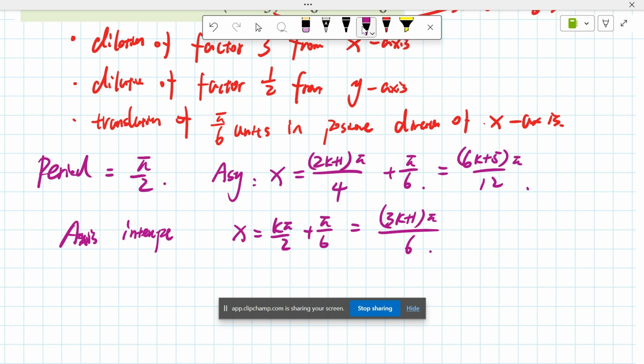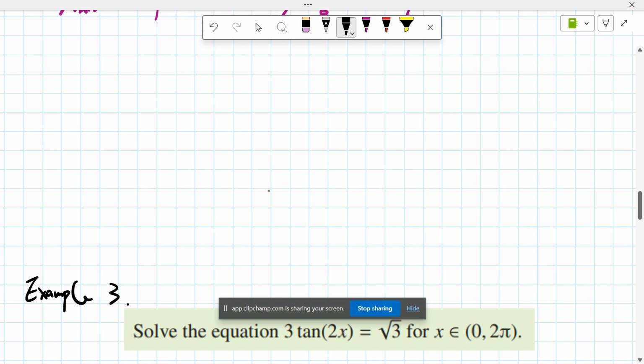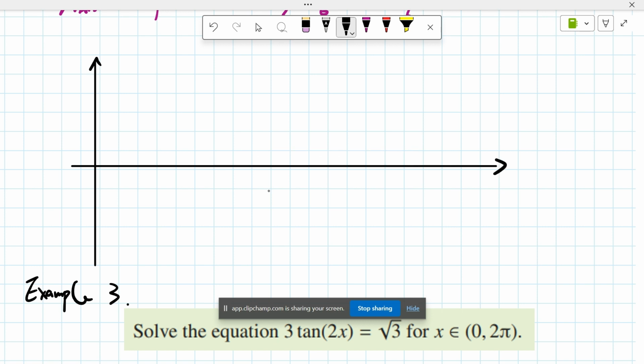Yeah. Okay, now what we do is sketch the graph. So it's pi on 6 to 13 pi on 6, and we can start here. So pi on 6, clearly that's the intersection point.